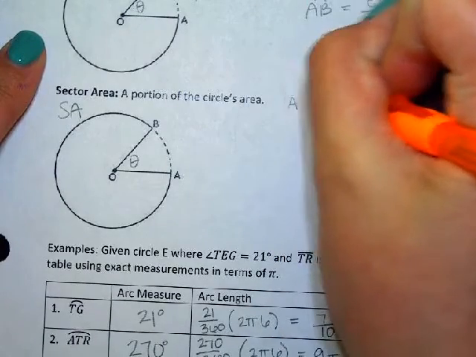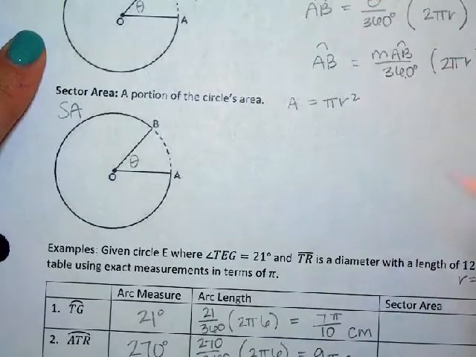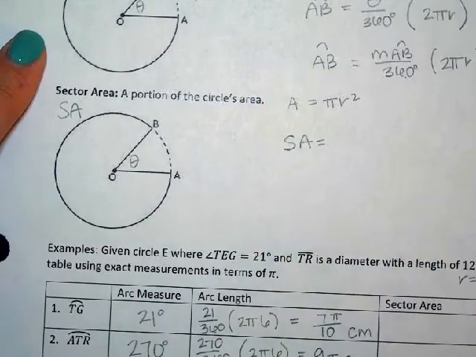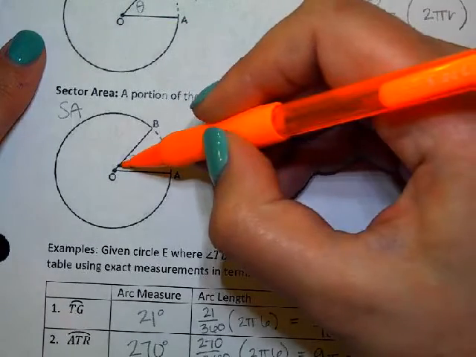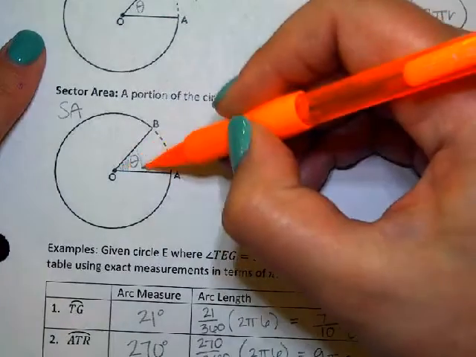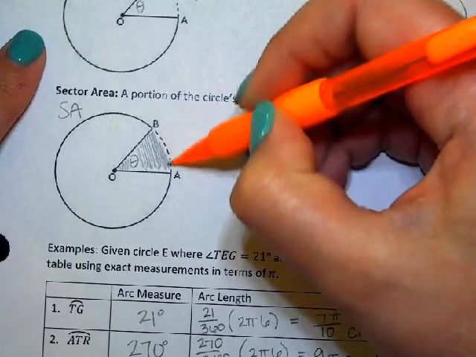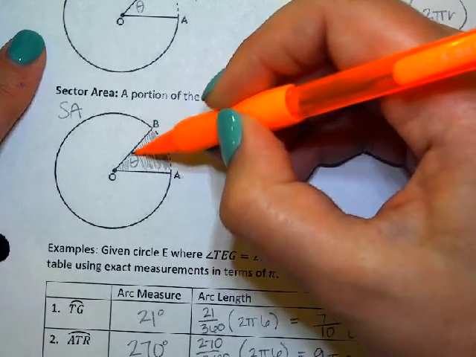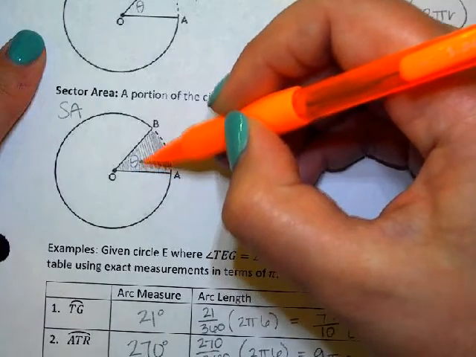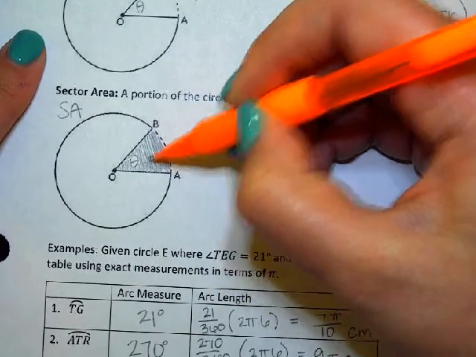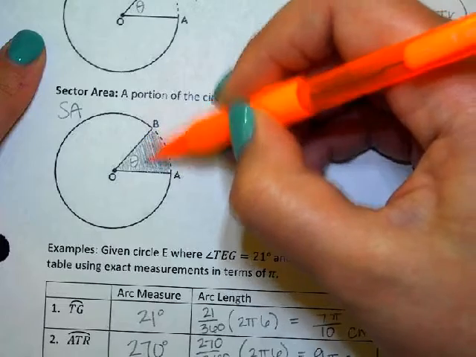Okay, you're welcome. So if we want the sector area, then that is going to be just the area of the sector. So I think of it as like the area of like a piece of pie or a piece of pizza. So that's what that is.